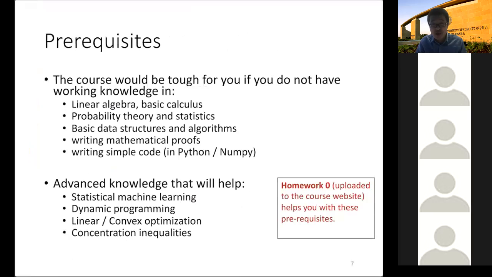All right, so here are some of the prerequisites for you to be successful and to enjoy this course. As a graduate level course, there isn't really anything that I require you to have taken because you all have very different backgrounds. But meanwhile, these are some of the anchor points that I expect you to know already.